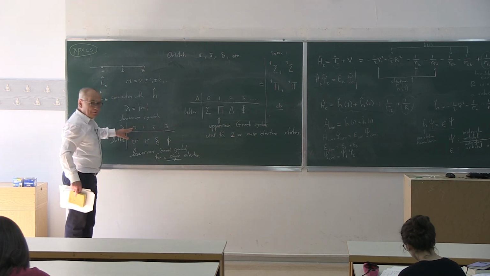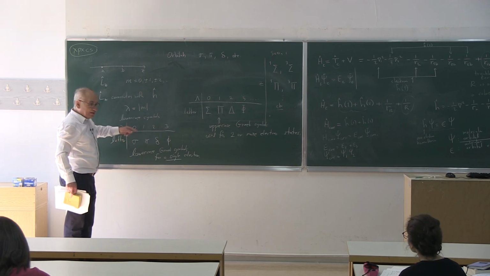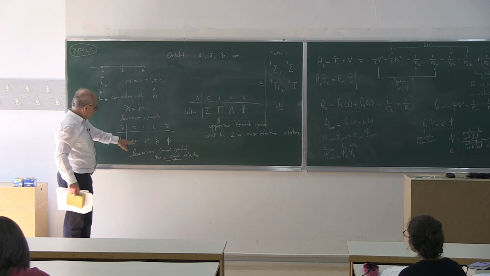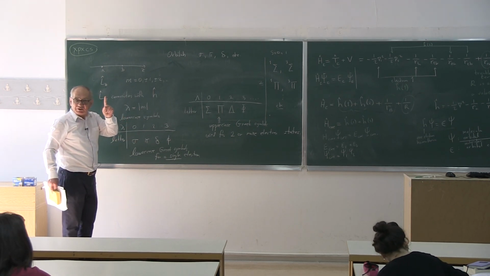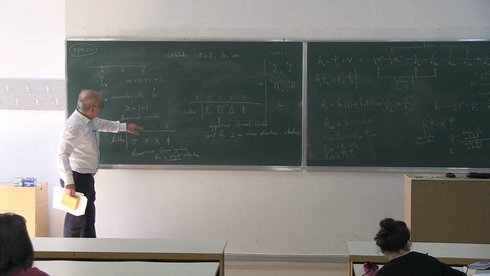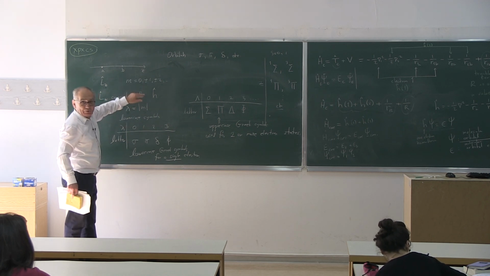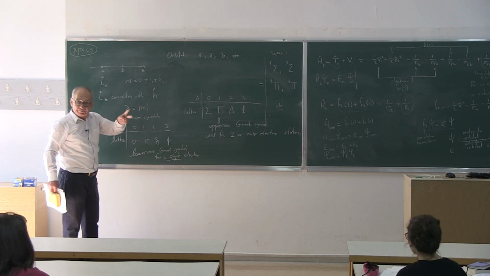For m equals 0, there is just one orbital, which we call sigma. So there is only one orbital energy. But if lambda is 1, then m could be either +1 or -1. That means two orbitals with the same energy.